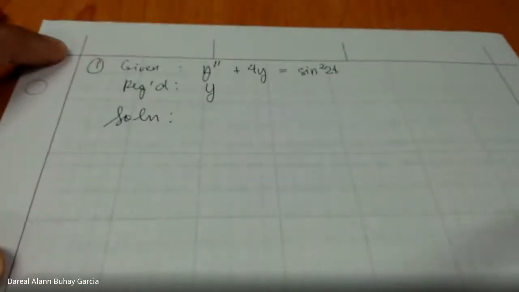First step, solve for the homogeneous solution. So for the homogeneous solution, the roots are plus and minus 2i.